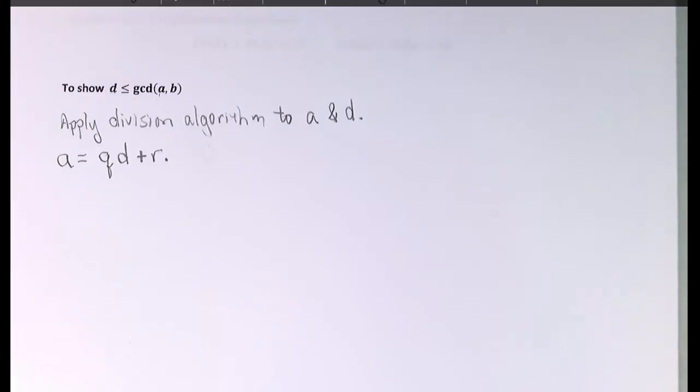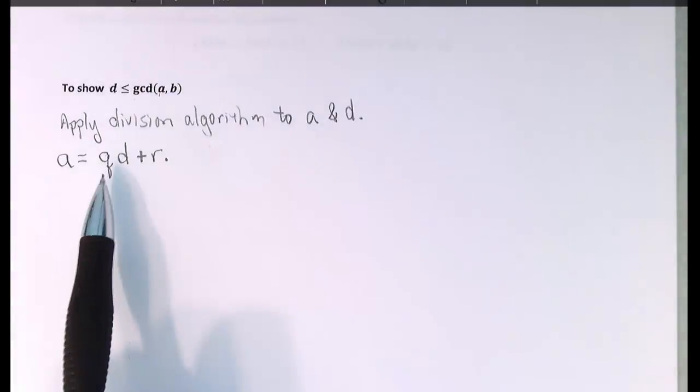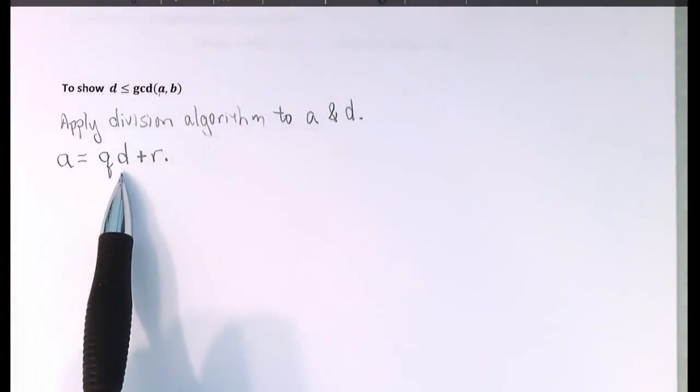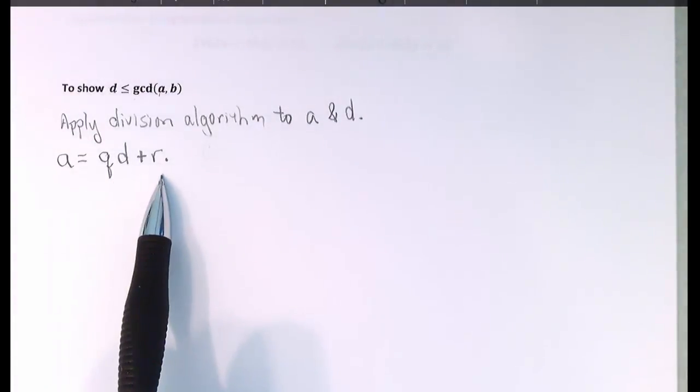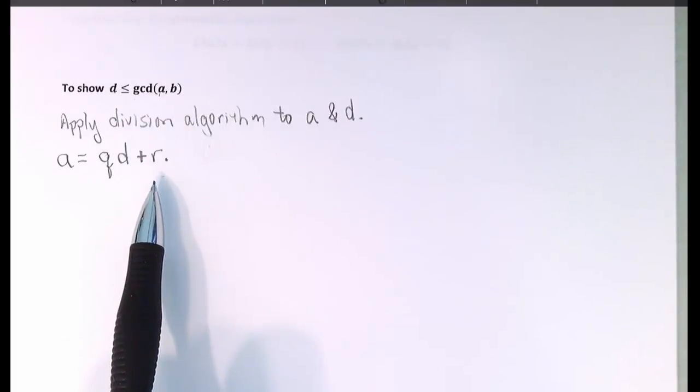Now let's show that the inequality can be turned around: D is less than or equal to the GCD of A and B. We're going to do this by applying the division algorithm to first A and D. A must be equal to some quotient times the divisor D plus R. Now we want to ask ourselves this question: could R be positive?